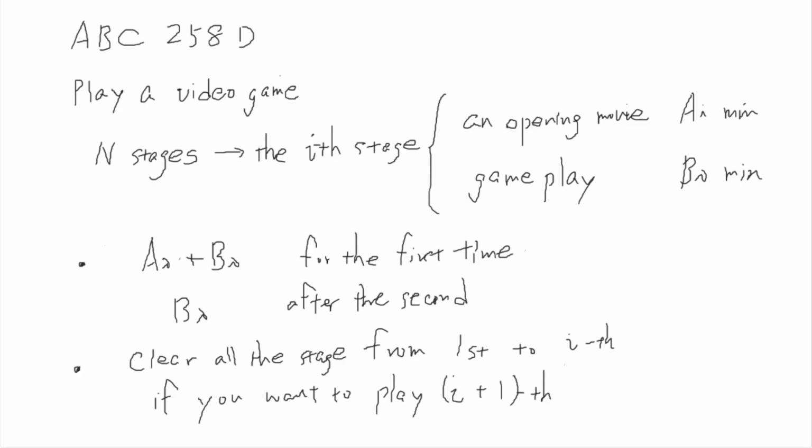For the first time, you have to watch the opening movie for each stage, so it takes A_i plus B_i minutes to clear the stage. But from the second time on, it takes B_i minutes because you can skip the opening movie.